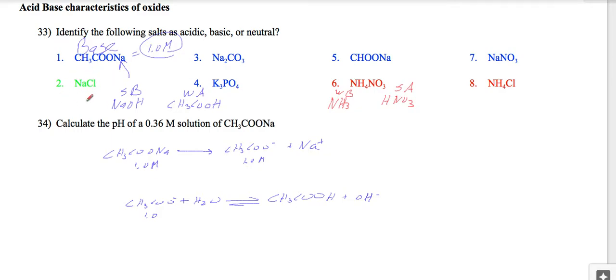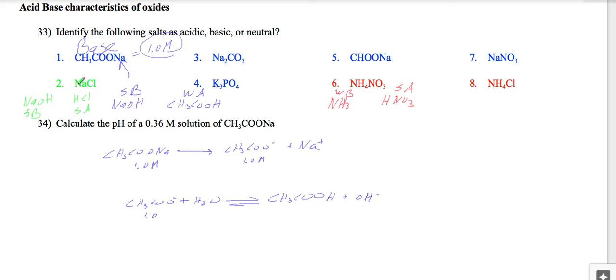If we have something like sodium chloride, where we have NaOH, which is a strong base, and we have Cl-, whose counterpart would be HCl, a strong acid. When you look at this, you look at whether it's a positive charge, a cation, or an anion.